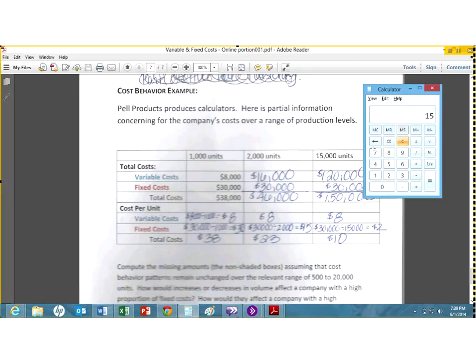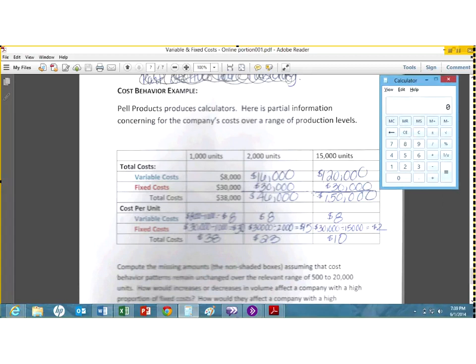Now, what if I make 15,000 calculators? What's my total cost? Well, my variable cost per unit is still $8. So now to find my total variable cost, I'm going to take the $8 times the 15,000 calculators to get $120,000 of variable cost.